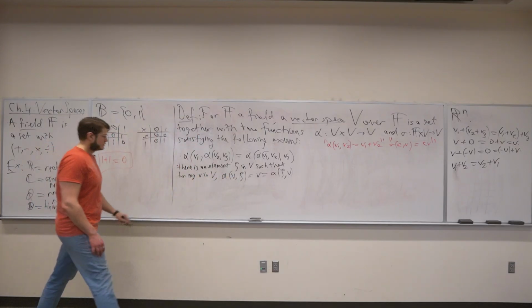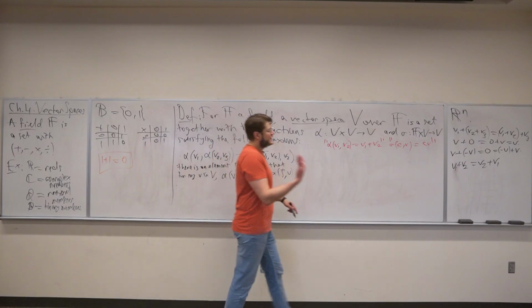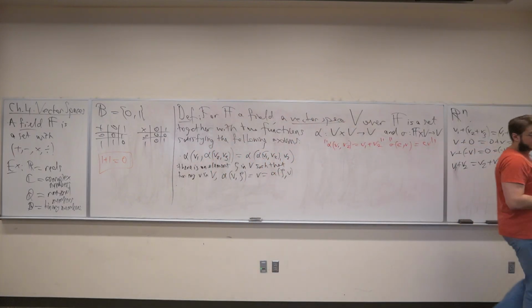Then what do I need to say? For each V, there is a V bar, let's say, such that when plugged into alpha gives me zeta.